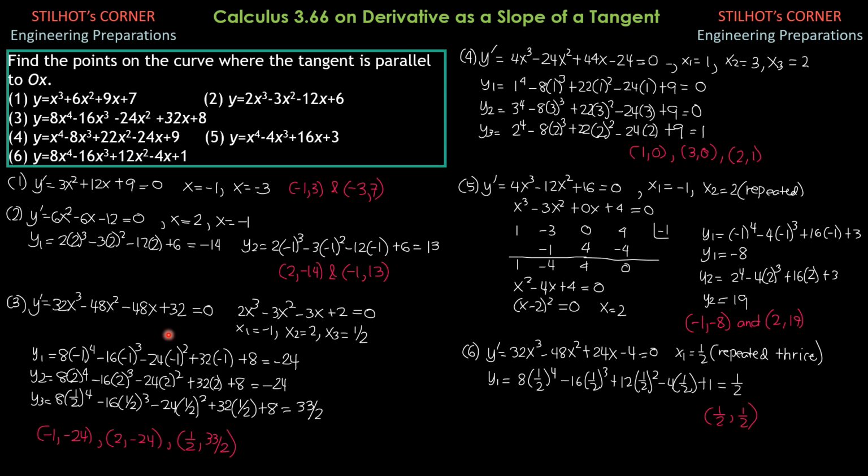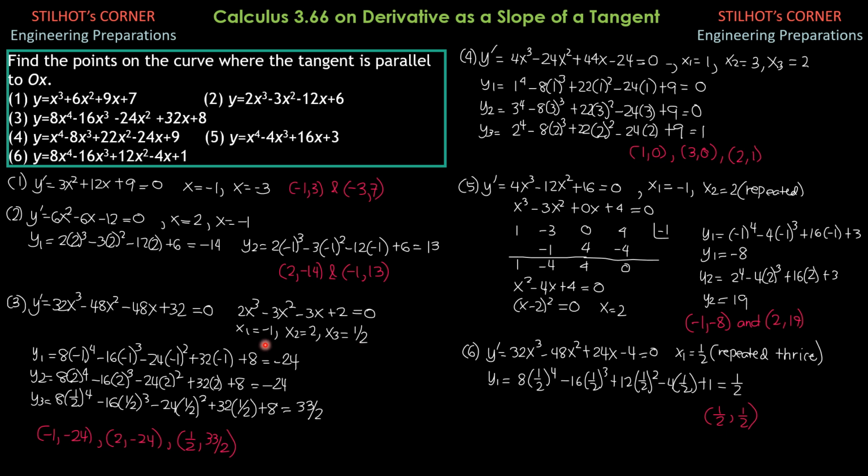Then simplifying by dividing everything by 16, although because this is calculator aided, you can find the roots using your calculator. So, dividing everything by 16, 2x cubed minus 3x squared minus 3x plus 2 equals 0. And the roots are -1, 2, and 1/2.